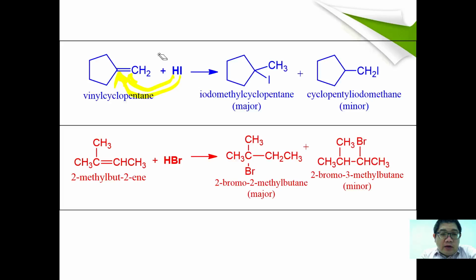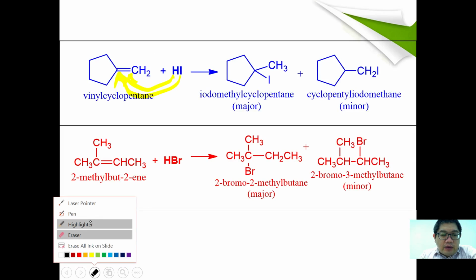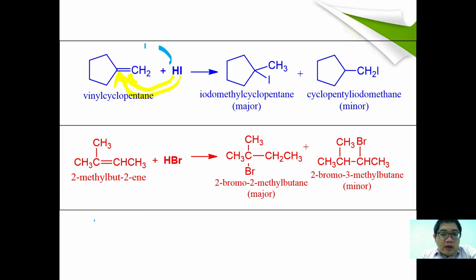Since this carbon has more hydrogen, you expect 1-iodo-1-ethylcyclopentane to be the major product, while cyclopentyl iodomethane is a minor product of the reaction.